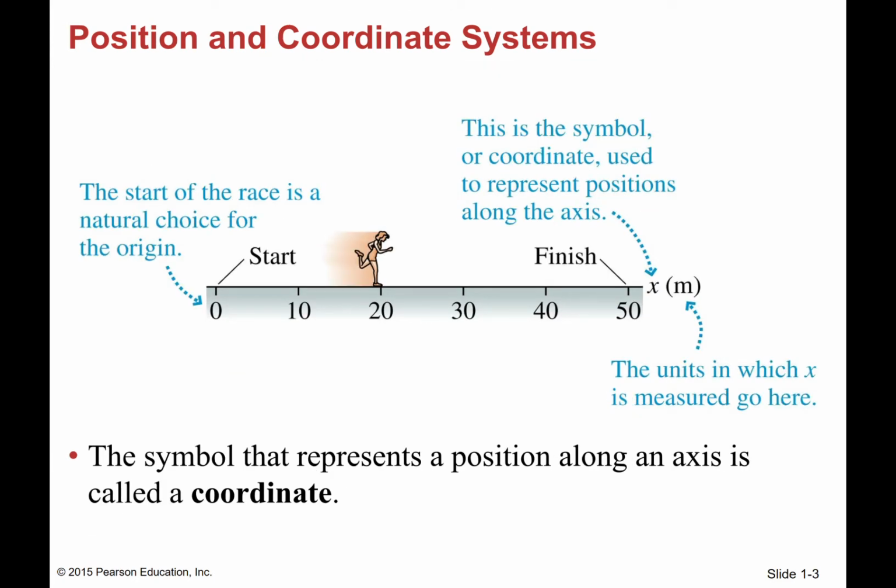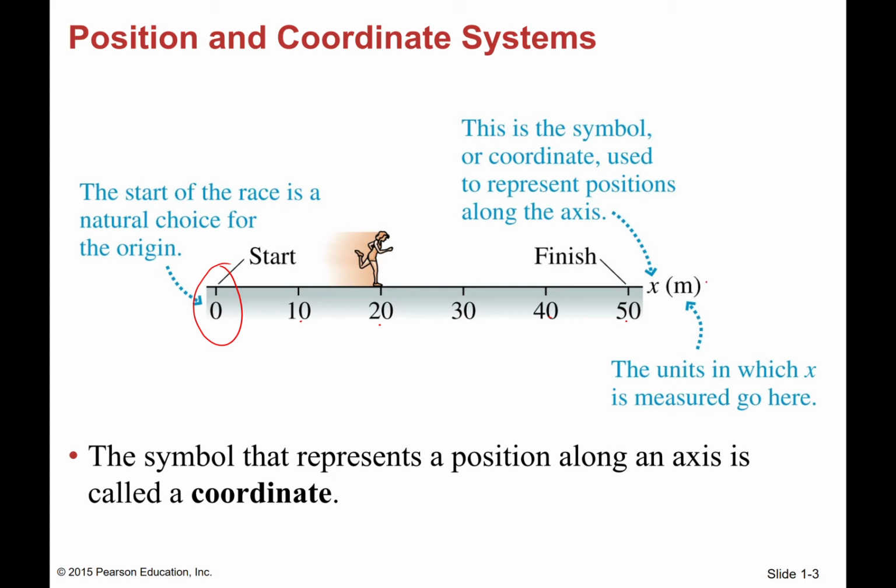So here we have a runner, and in this case she started running from here, so this is the natural choice for your origin, this point here, and now the labels are going to be 10, 20, 30, 40, 50 in meters.